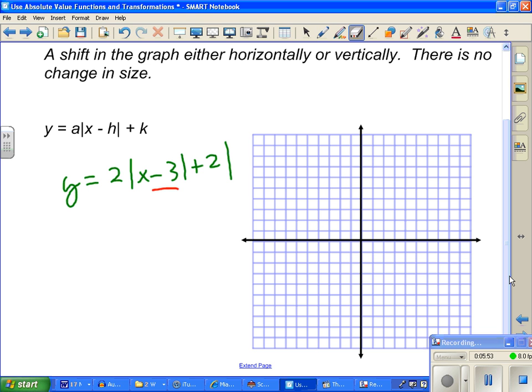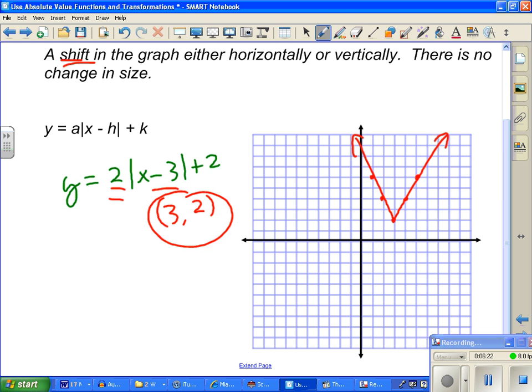My vertex is at 3, 2. The slope from here is positive 2, so from there I go up 2 over 1, and I do it the same way the other way, because it's an absolute value. So my graph looks something like that. A shift. I shifted the vertex from 0, 0 to 3, 2.